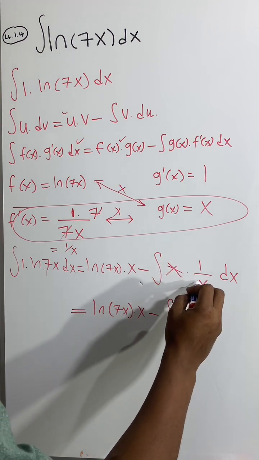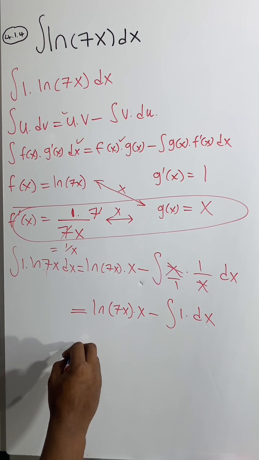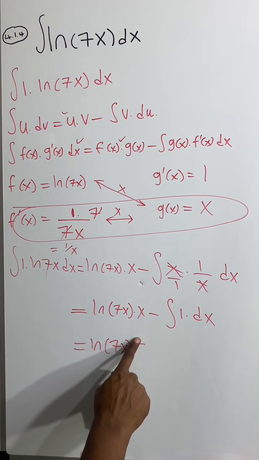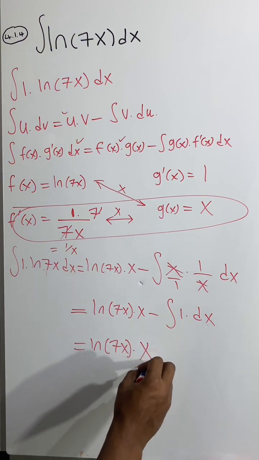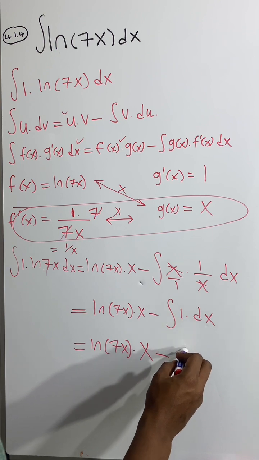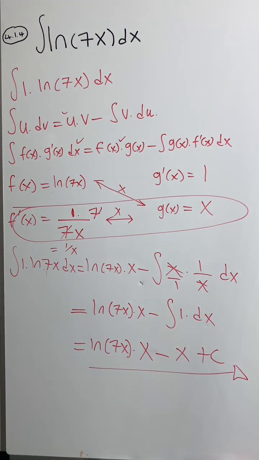So that x will cancel out with that x and we'll be left with 1 here. Integrating 1, we get negative x plus c, and we get that as the answer for 4.1.4.